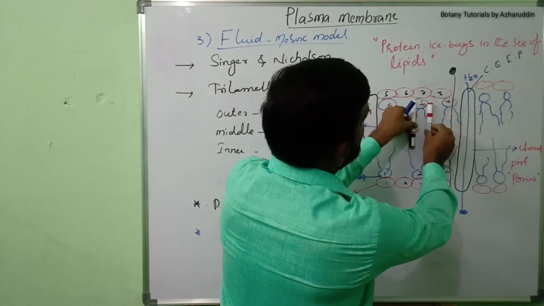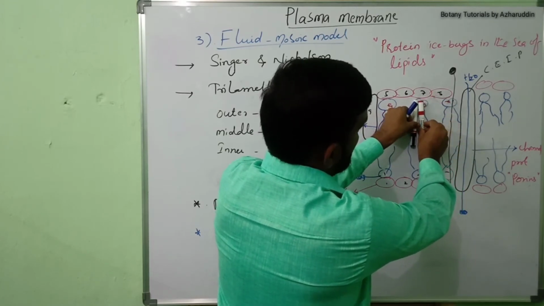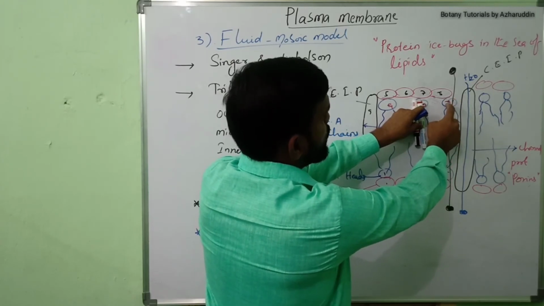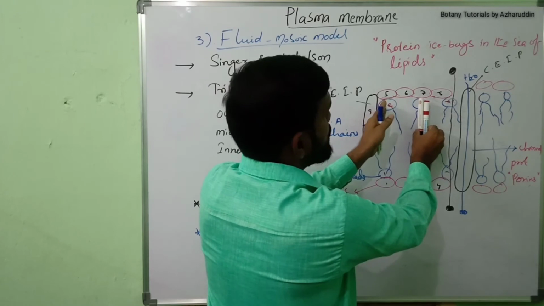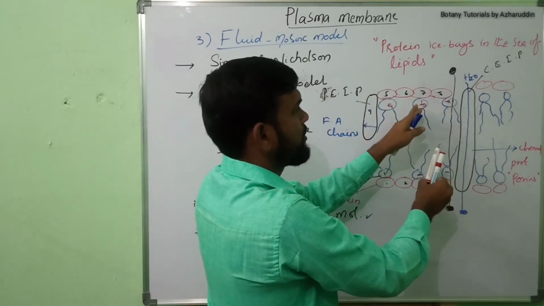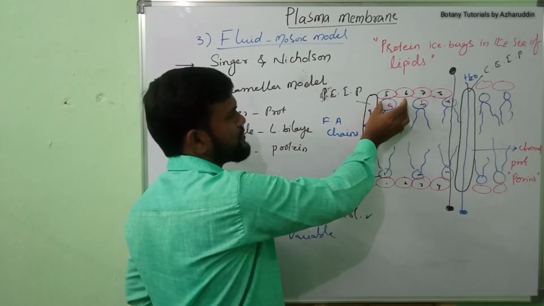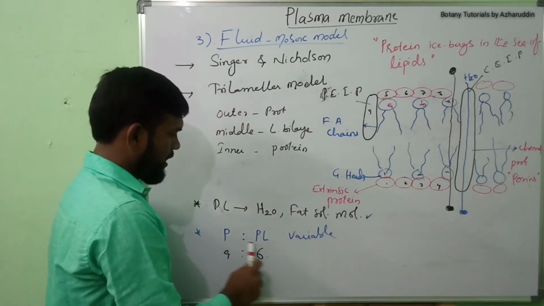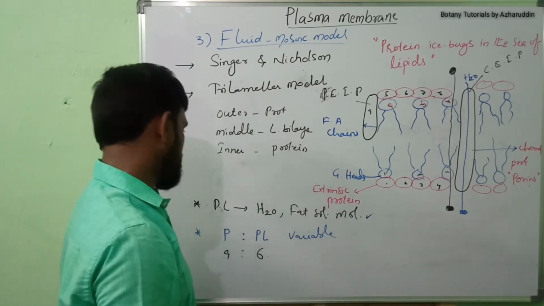These two are moving from their positions to the center. In this situation, here no phospholipid is present, and here also no phospholipid is present. Then the ratio will change. Their number is changing. Automatically, their ratios also vary.